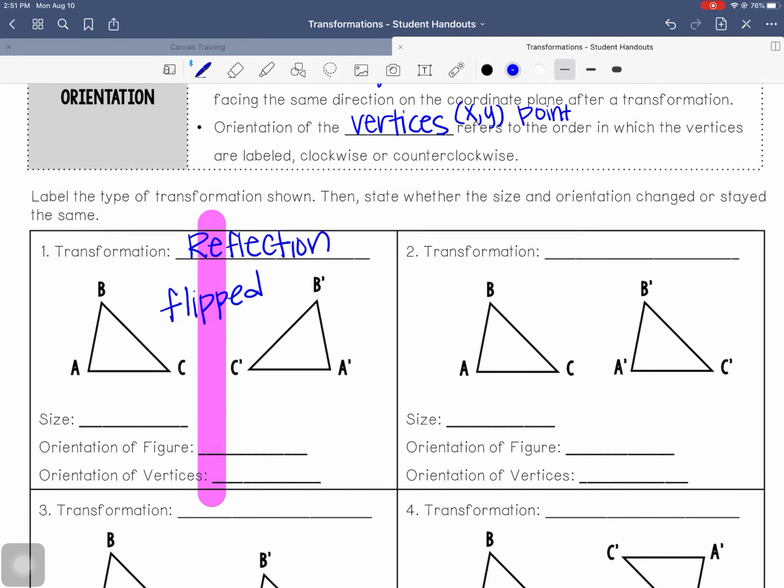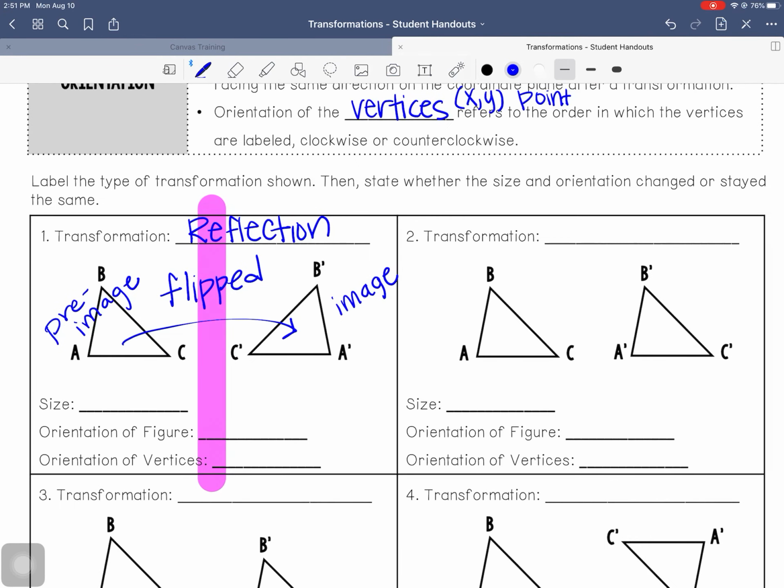Ms. Carrazzo, how do I know which one was the first image and which one was the second image? So the original image, which is the pre-image, is going to be the figure on the left. The image is your new figure, and that is designated by the little apostrophe after each letter. That is what we refer to as prime.